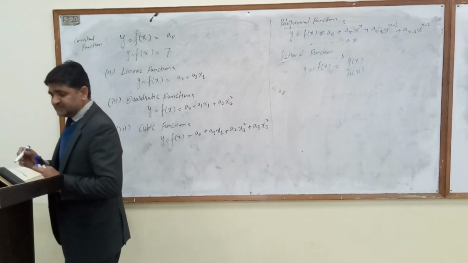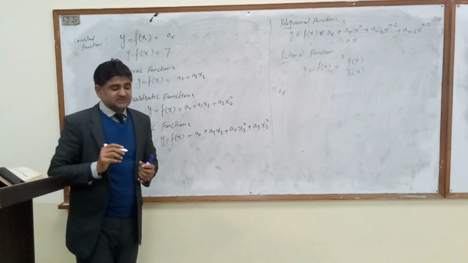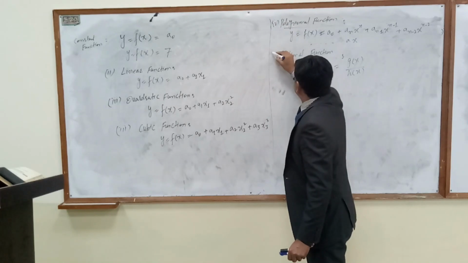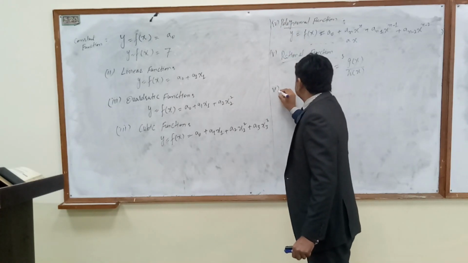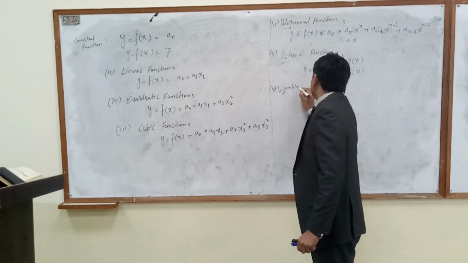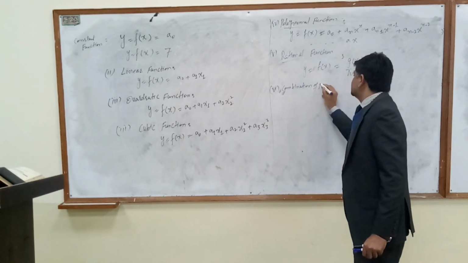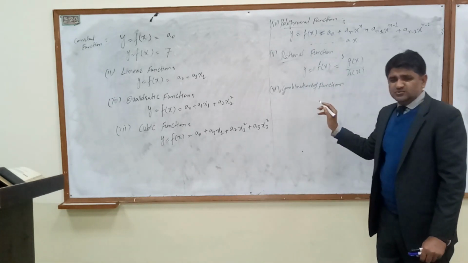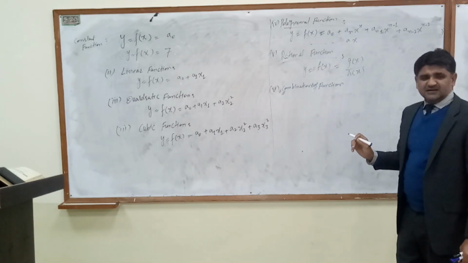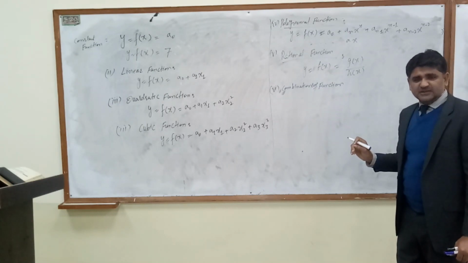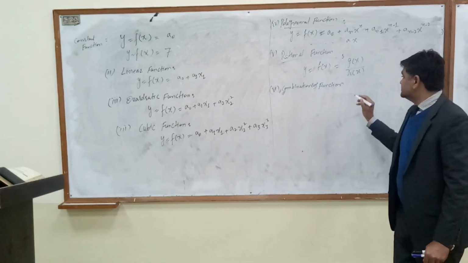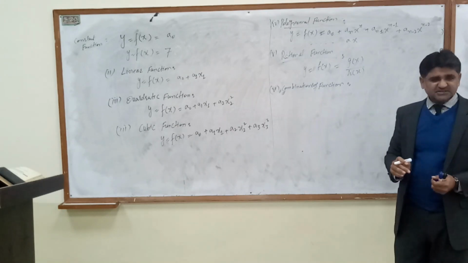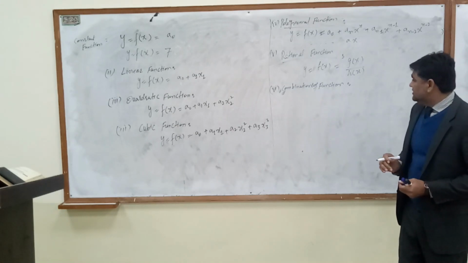So the next one is combination of functions. The sixth is combination of functions. When two or more functions are added or subtracted, it is called a combination of functions.